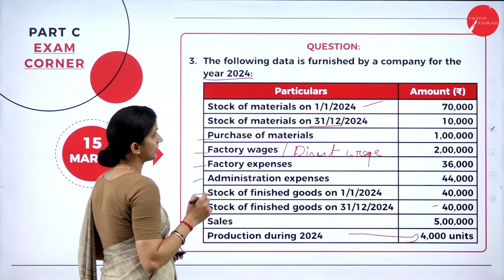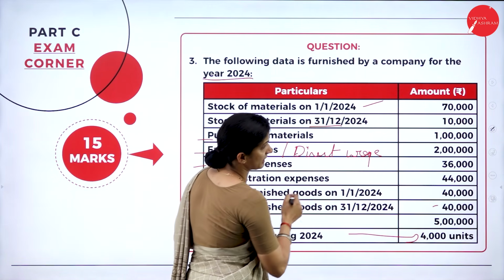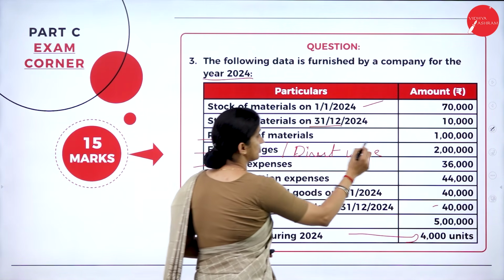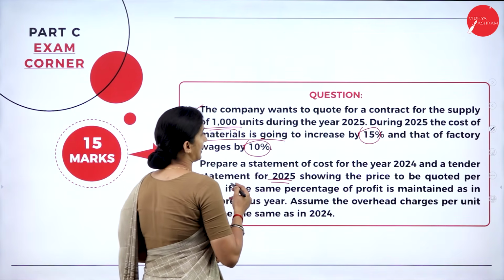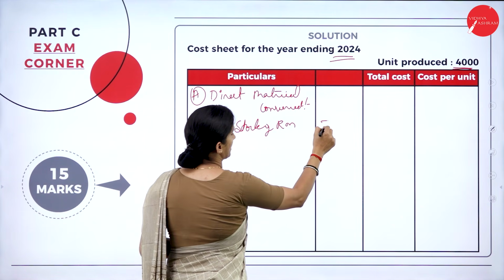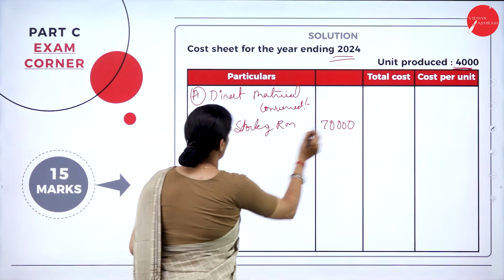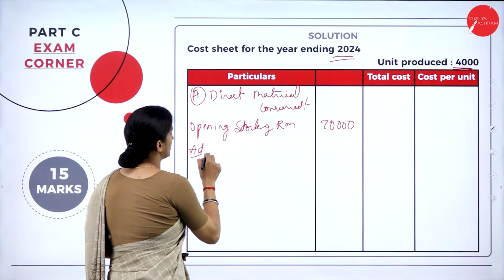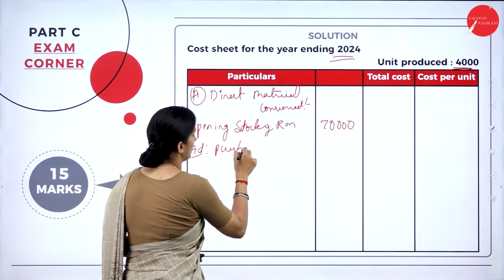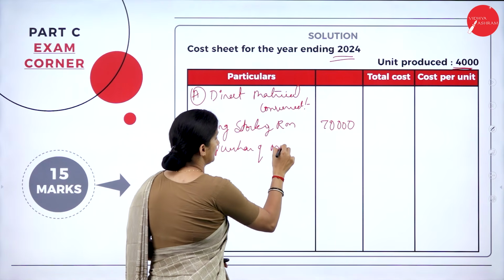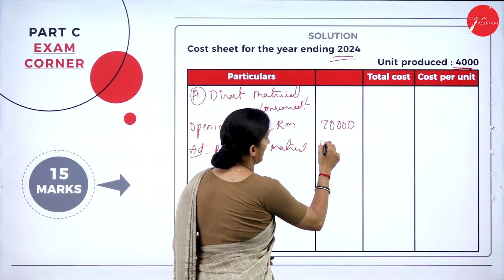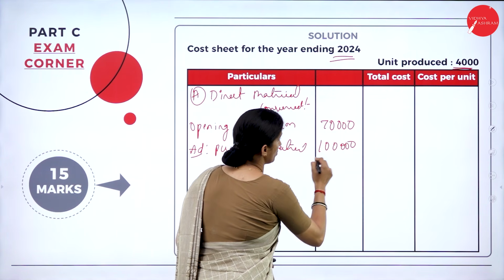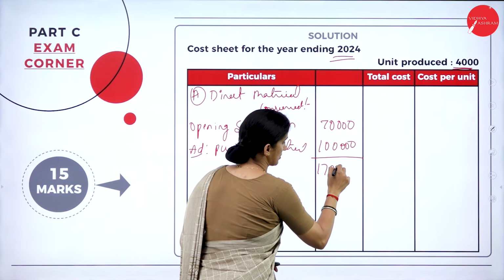In the question, opening stock of raw material is given as 70,000, and to this we'll add purchase of material, 1 lakh. So the total comes to 1,70,000.